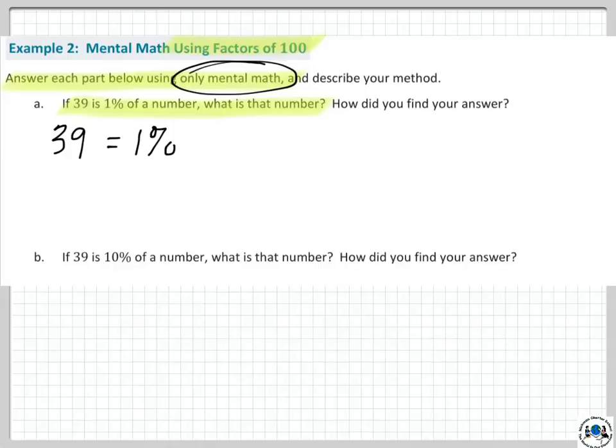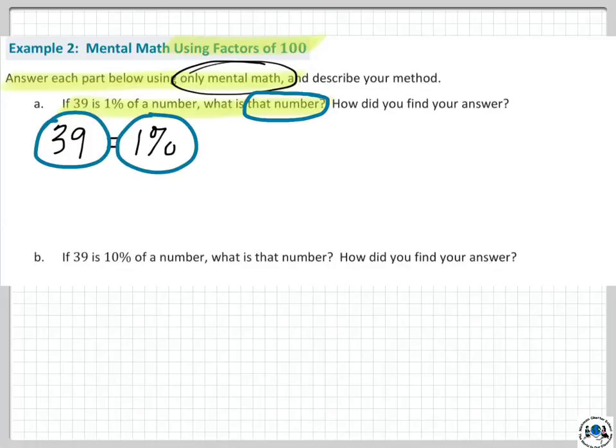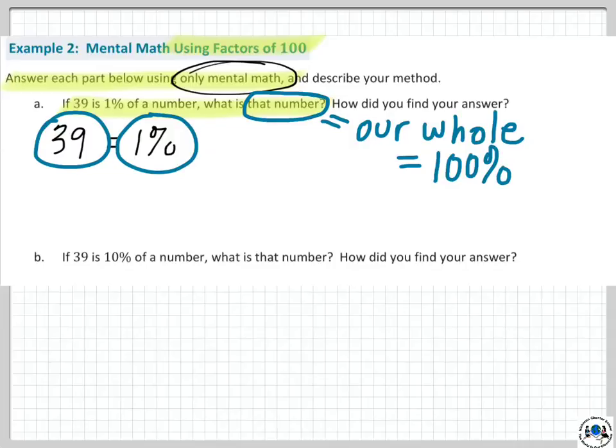Like I had mentioned earlier, this problem is saying 39 is equal to 1%. They are the same, okay? 39 and 1% are the same. Now, we're asking, what is that number?